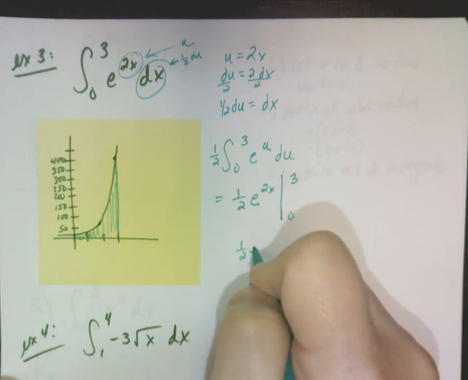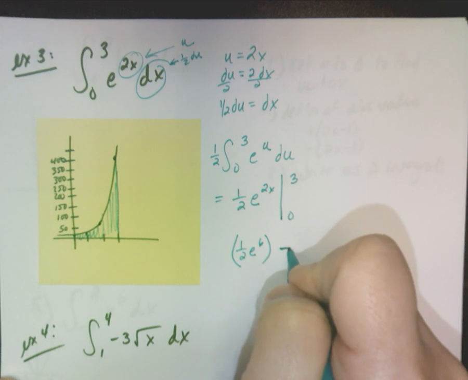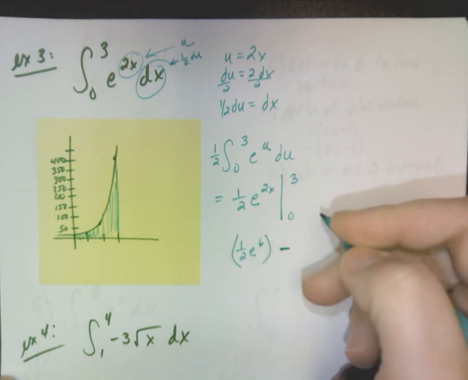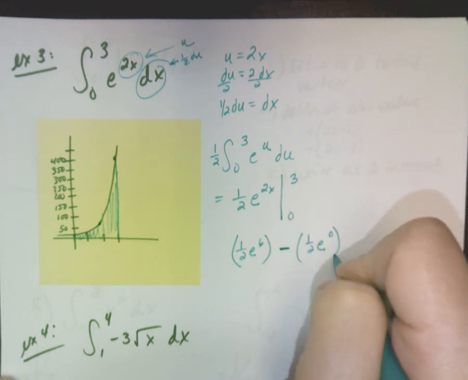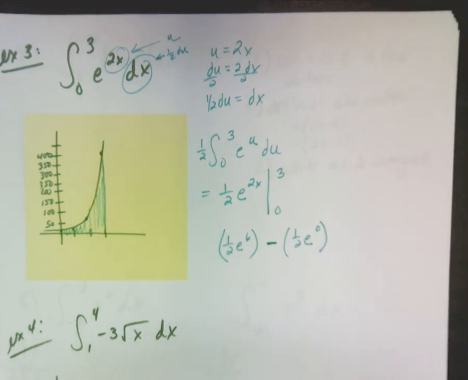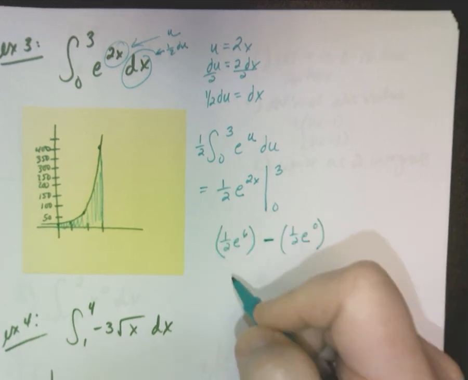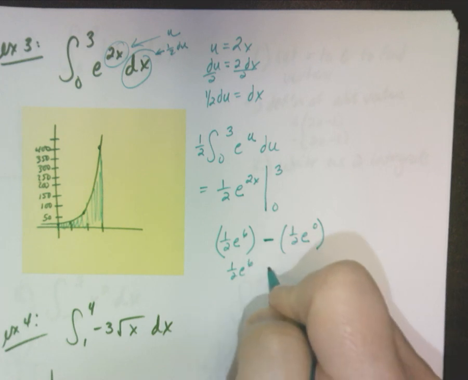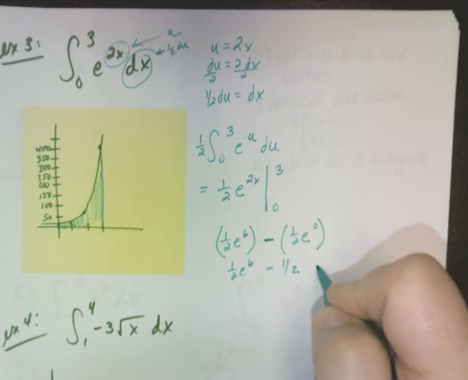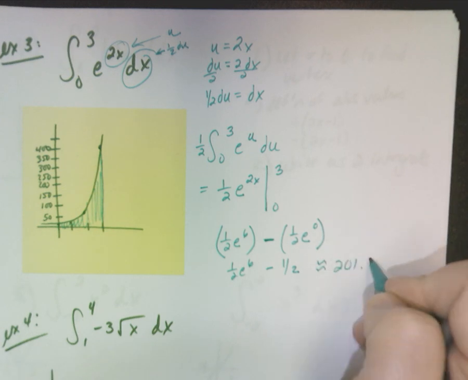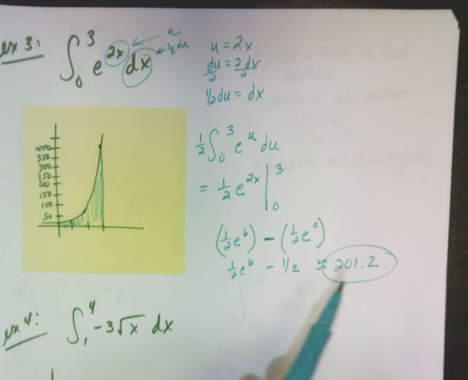So 1/2 e to the 6 minus, now I'm going to plug in my lower bound, 1/2 e to the 0. And remember, that's not going to become 0. E to the 0 is 1. So this would be 1/2 e to the 6th minus 1/2. And you can approximate that if you would like to, but I'll give it to you. It's 201.2. So that area right under there is 201.2.